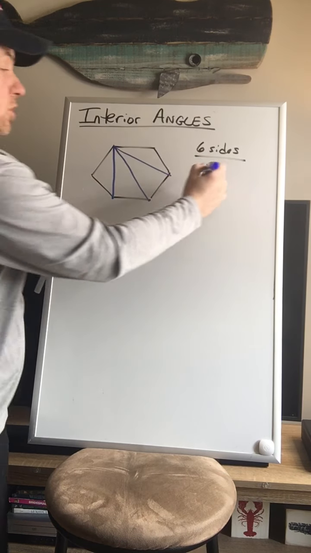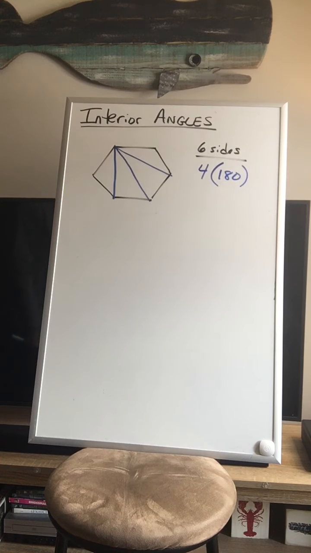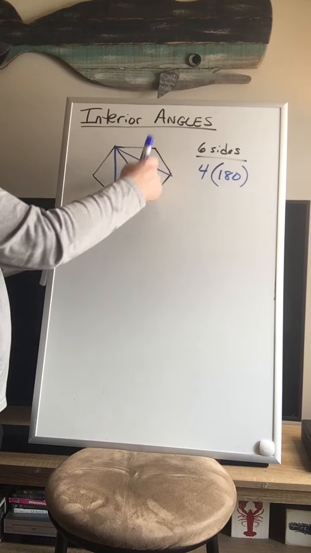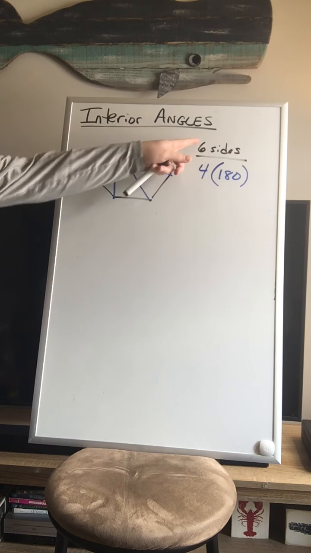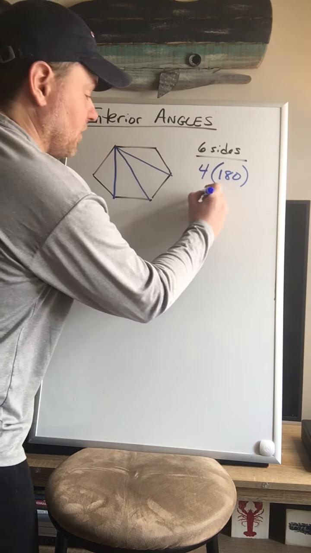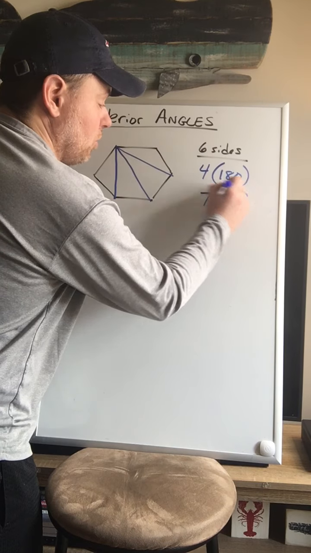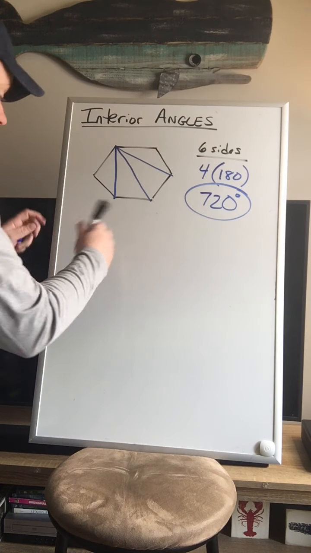So to figure out the number of degrees, we're going to do 4 times 180. It's always, the number of triangles is always 2 less than the number of sides. 6 sides, 4 triangles. So 4 times 180 is going to be 720 degrees total. Right? 720.